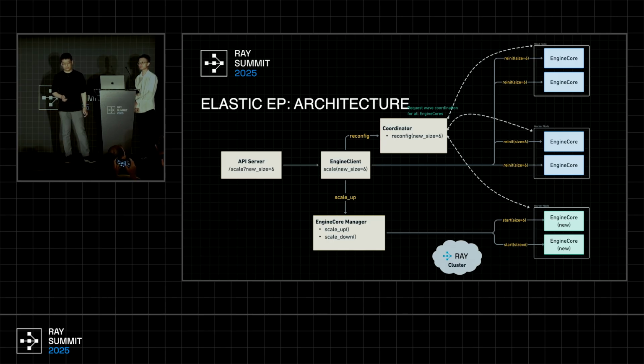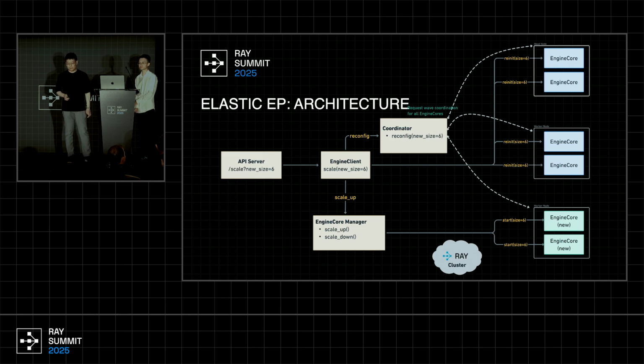So we first issue a command to the API server, which forwards the request to the engine client. And then the engine client triggers the reinitialization on all the existing 4 engine cores with the new EP size 6.